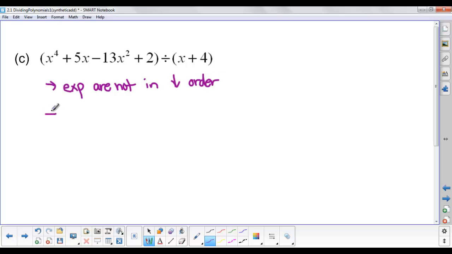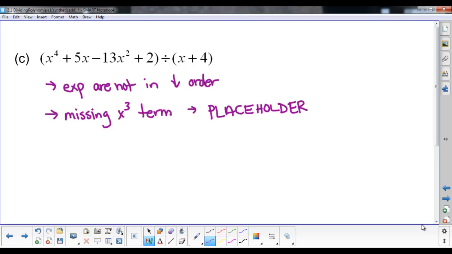And the other thing that we notice is that while we have an x to the power of 4, an x to the power of 2, an x to the power of 1, and a constant, we're missing the x cubed term. So to fix that, we need to put in some placeholder.